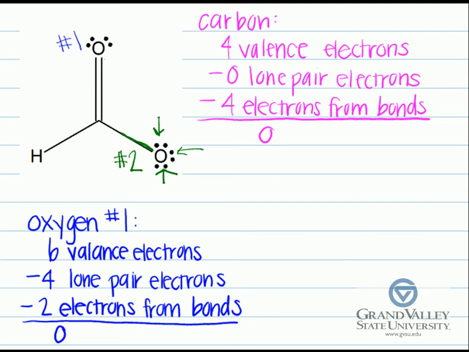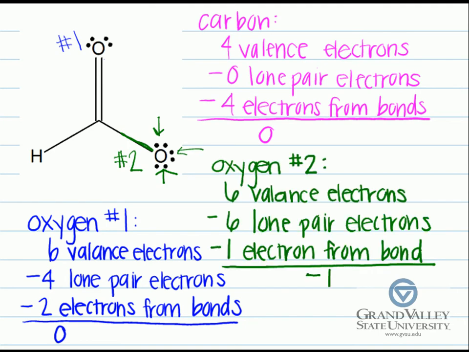Using our equation, we can use this information to solve for the formal charge on the second oxygen atom. 6 valence shell electrons minus 6 lone pair electrons minus 1 electron from bonds equals -1. And like ammonia, the hydrogen has a formal charge of 0.